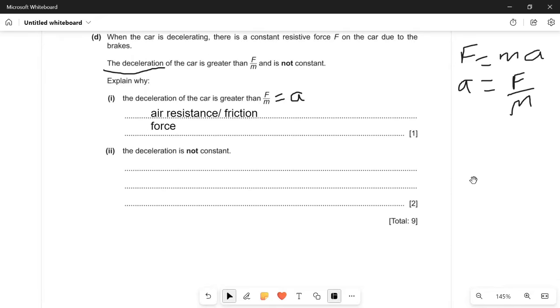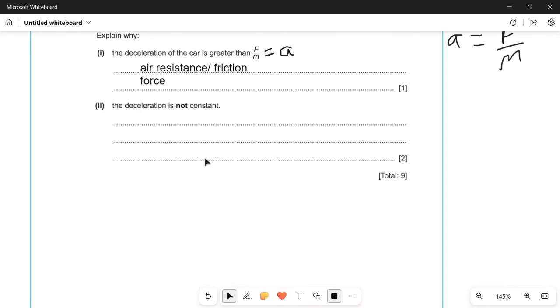Let's move on to the next one. Explain why the deceleration is not constant. This is a 2 marks question, so we have to provide 2 answers. One of the answers is that the deceleration is not constant because the air resistance is going to be decreasing, or the resistive force is going to be decreasing. Let me explain how.